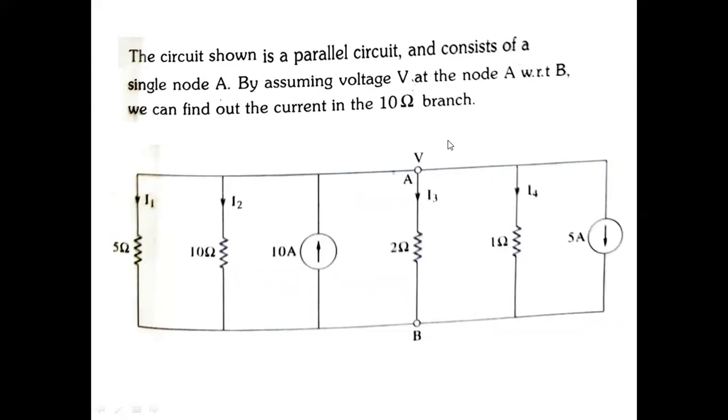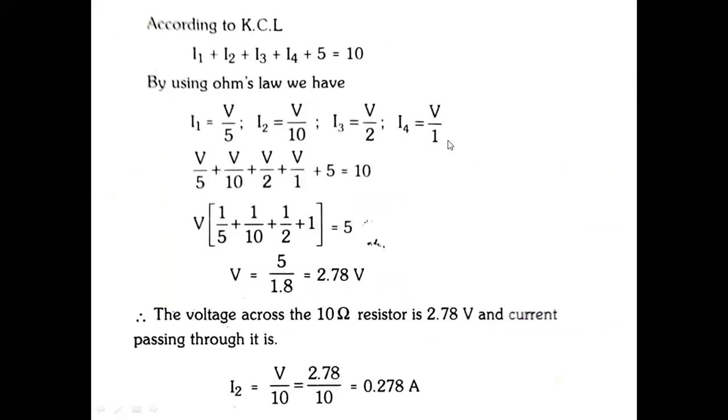So 10 is equal to I1 plus I2 plus I3 plus I4 plus 5. By assuming V at node A and using Ohm's law, I1 is equal to V by 5, I2 is equal to V by 10, I3 is equal to V by 2, I4 is equal to V by 1. So by adding all these currents plus 5 is equal to 10. After simplification, you can find V. So I2 is equal to V by 10.